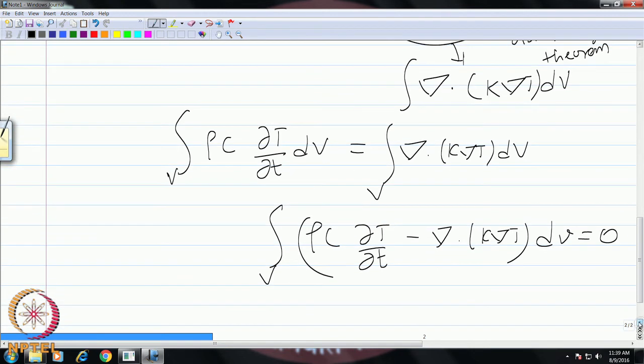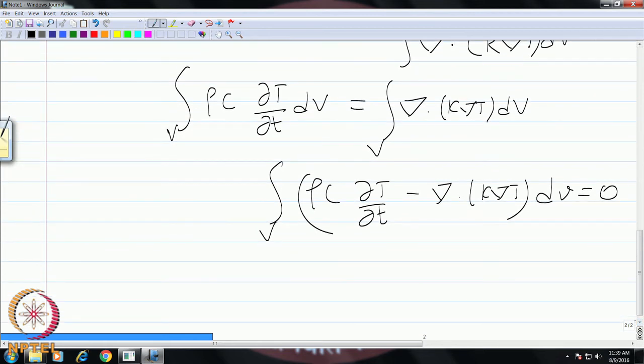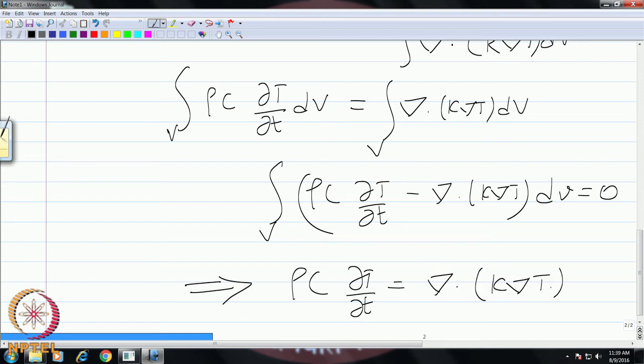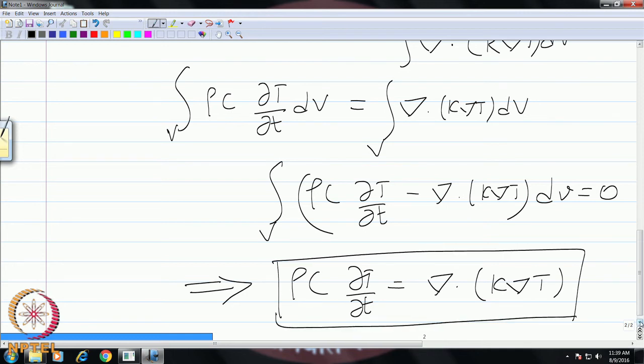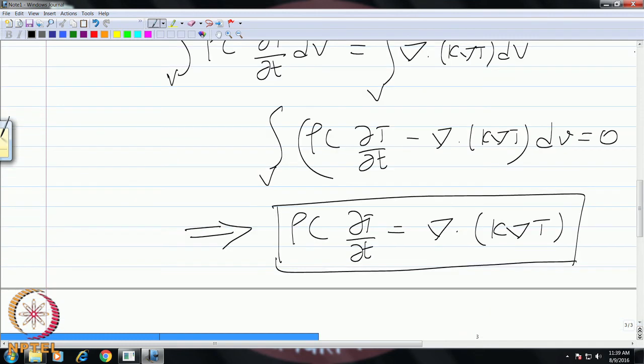And therefore, in order to satisfy this condition, so your dV is not 0, right, you have a finite differential volume here. So, therefore, the integrand has to be 0. So, this will lead us from the integral formulation to the differential formulation. So, the differential representation now is rho C into dT by dt will be equal to del dot, divergence of k del T. So, this is your generic heat transfer or heat conduction equation for a closed system.